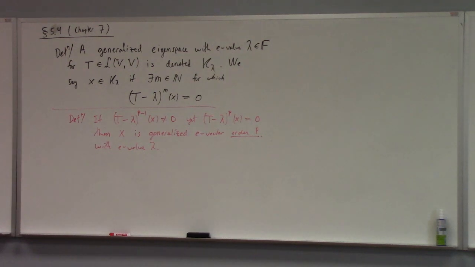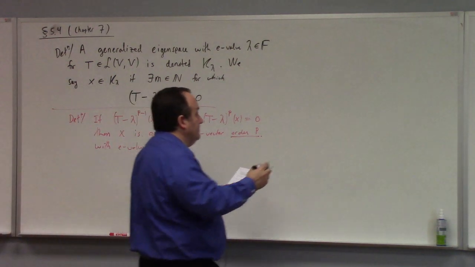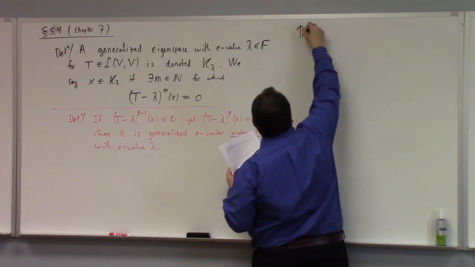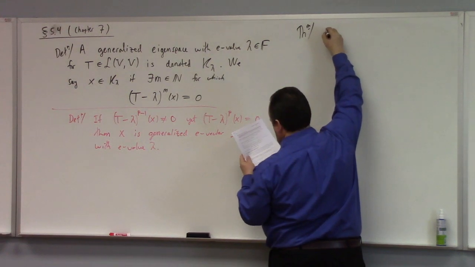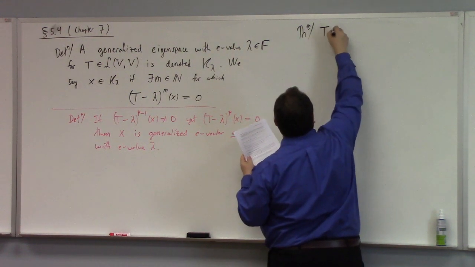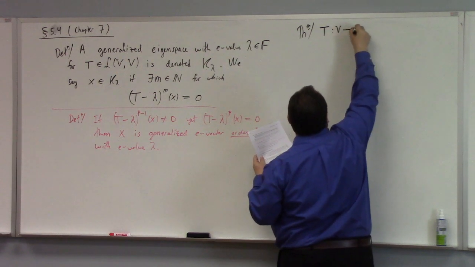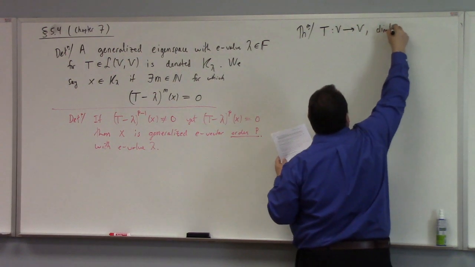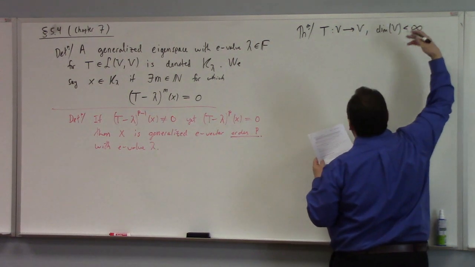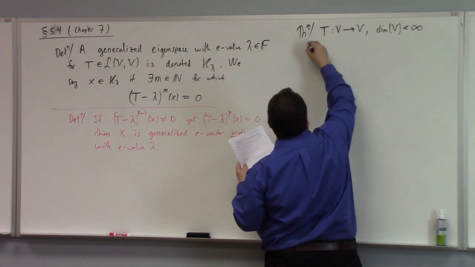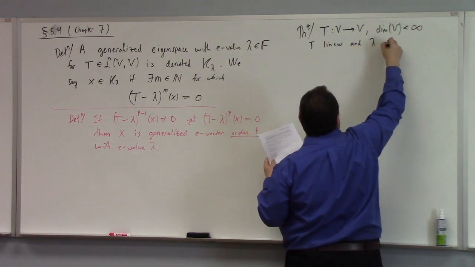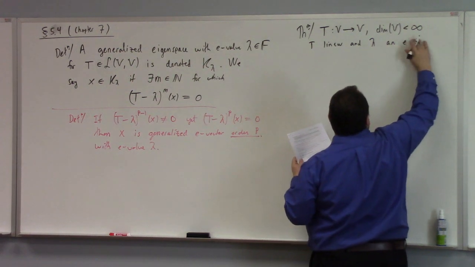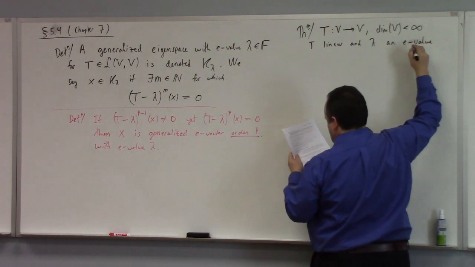Now, so this is generalized eigenspace. And so the fundamental thing is the following theorem we can state about it. Let T be a linear transformation from V to V, dimension of V less than infinity, everything's all finite dimensional here, guys, and lambda an eigenvalue.